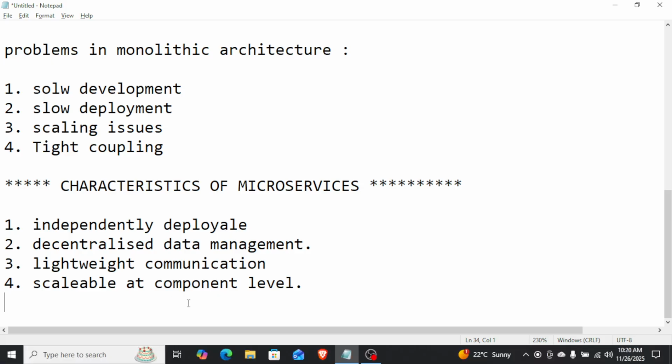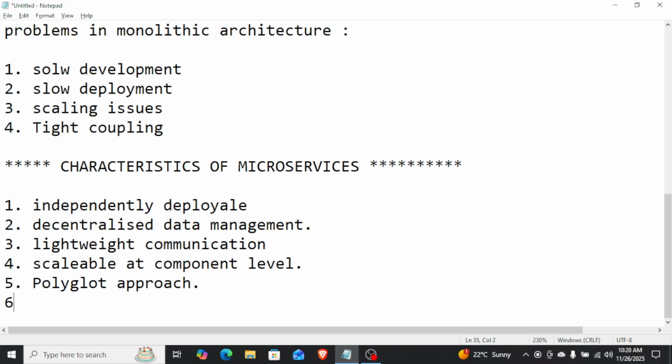Now, the other characteristics are polyglot approach. Different services can use different tech. So services which use different technologies are known as polyglot approach, where different services use different tech depending on their requirement.